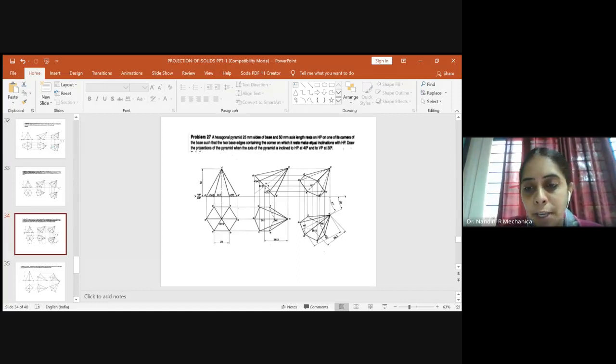After taking the 30 degree line, leave some space and then fix the apex. Here the apex is our O, so you fix O. Once you fix O, you measure the true length from O to O1, which is 50 mm. Measure using the compass: keep one end of the compass at the fixed end and cut an arc on the 30 degree line. Where it meets will be our O1.